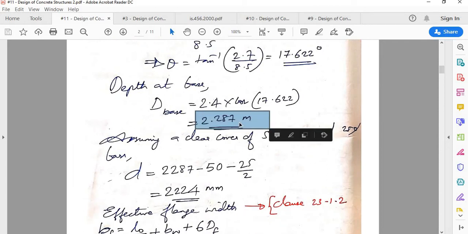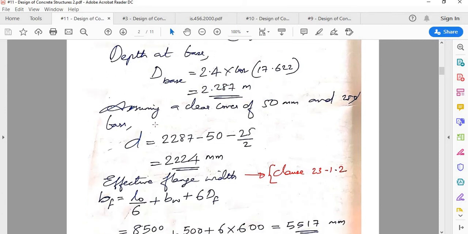This is the depth of the T-beam at the base. You can imagine it as a very deep T-beam. Just try to imagine a T-beam of depth 2.287 meter. It is probably the deepest T-beam you will ever see or design. This is the total depth.